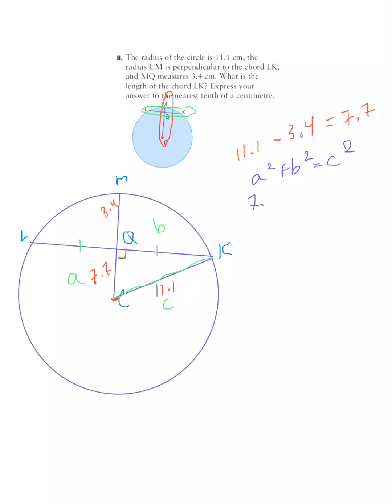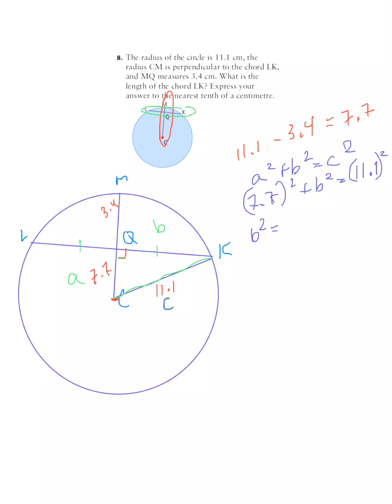So we have 7.7 squared plus B squared is 11.1 squared. Remember, this C is the most important one. It has to be the longest side across from the right angle. Then we'll do some math, bring that to the other side.